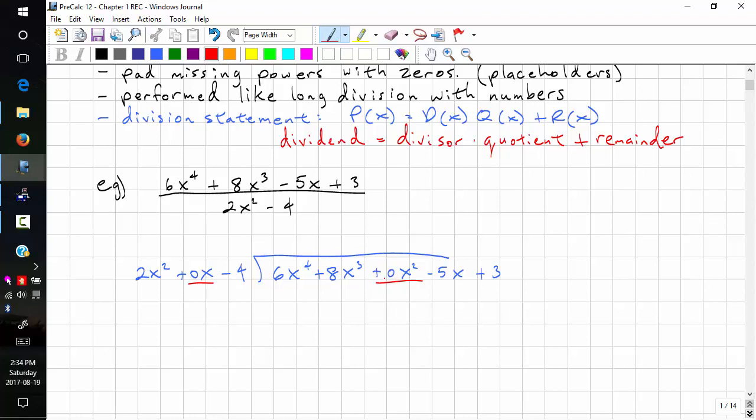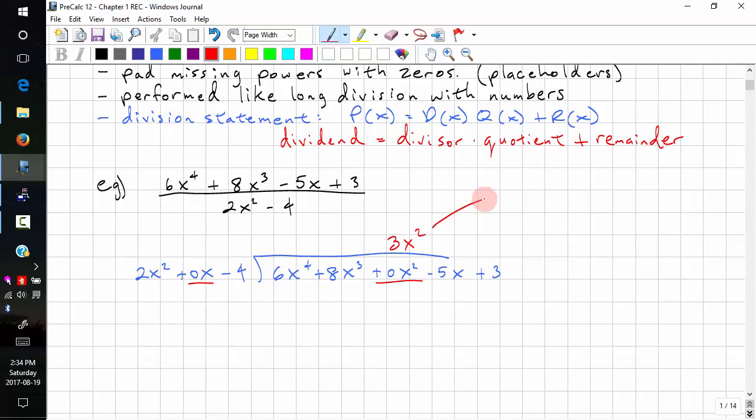And the way this is done is we look at the leading terms to figure out a partial quotient. And all we're doing is dividing a monomial by another monomial. So 6x to the fourth divided by 2x squared, that's 3x squared. And we put it in the x squared column. We want to line everything up so that we don't miss any terms.